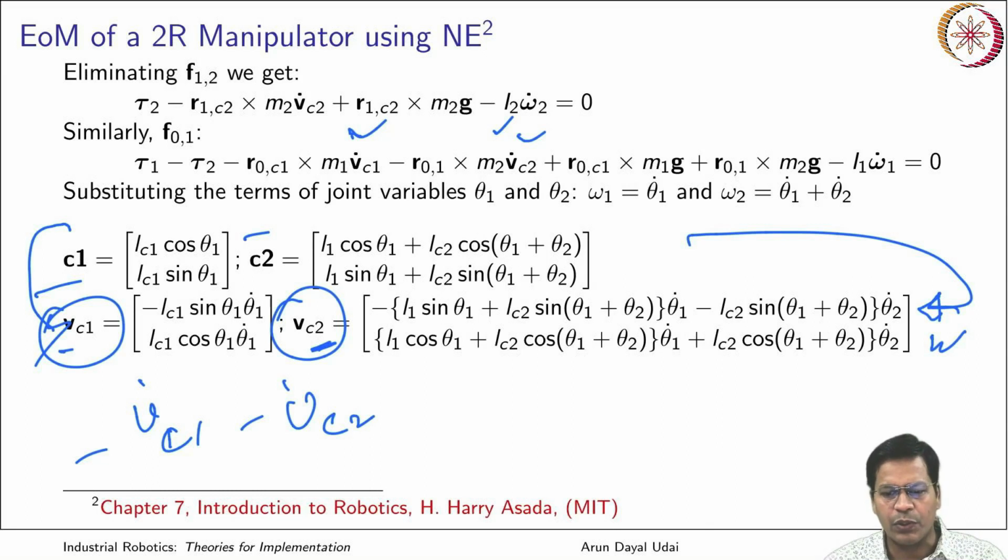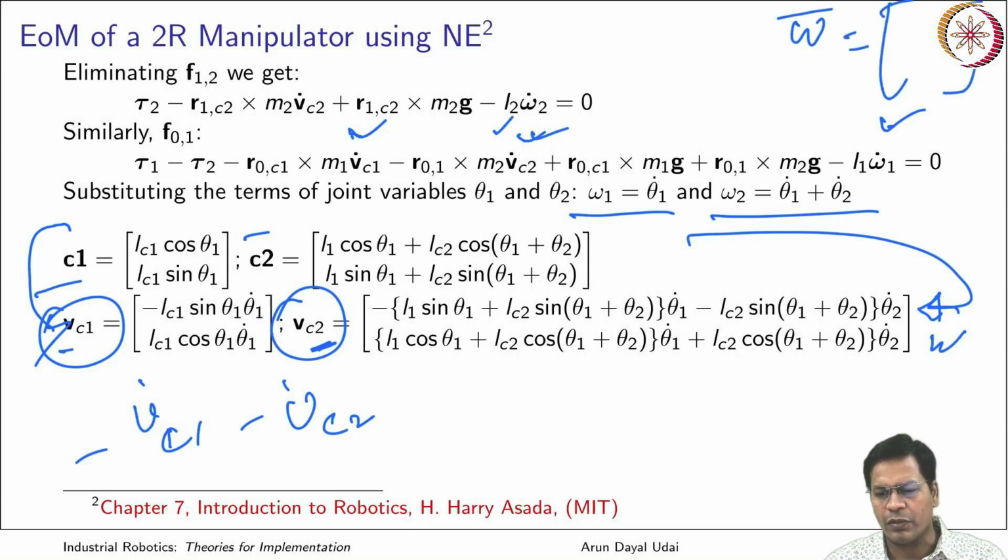So now I'll substitute all this here. Omega 1 and omega 2 will also go there, from here and from here. So that can be written like this. So omega, in case of a vector, you can write it, because you know it is along the z axis, so it becomes 0 0 omega, the value that you have obtained, omega 1 and omega 2.